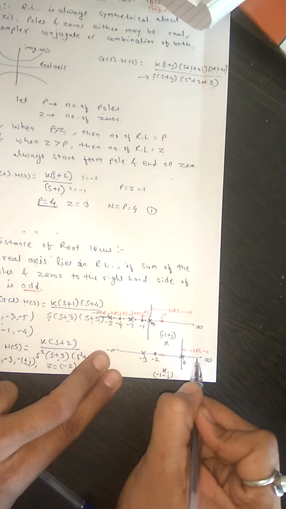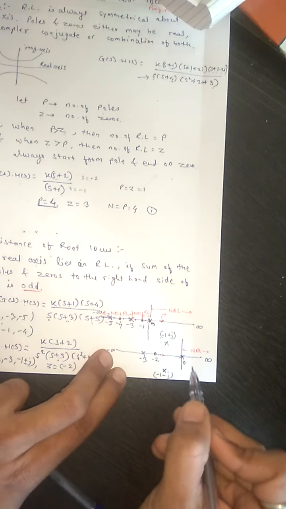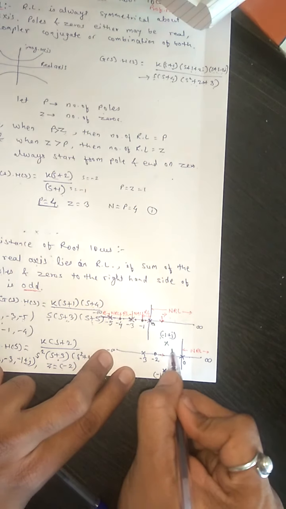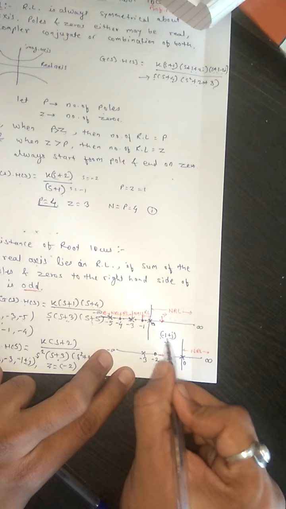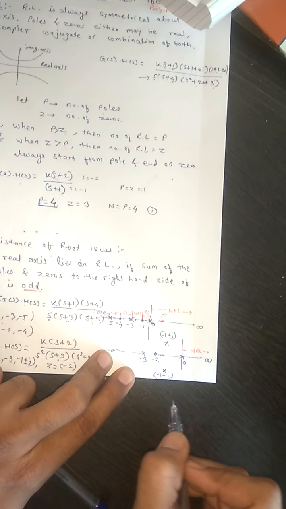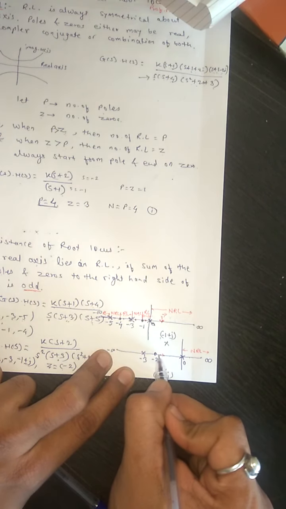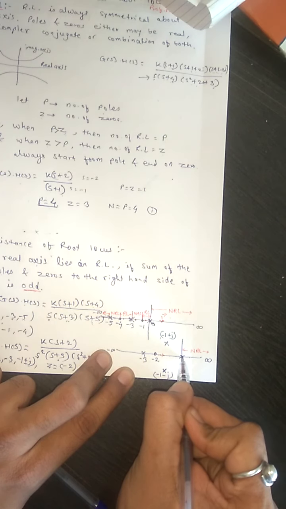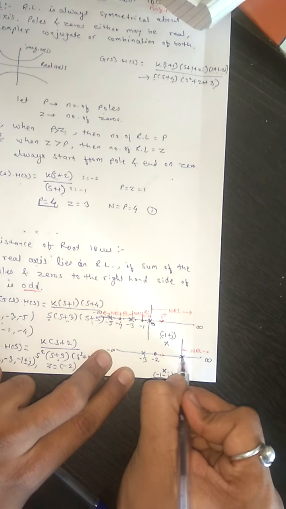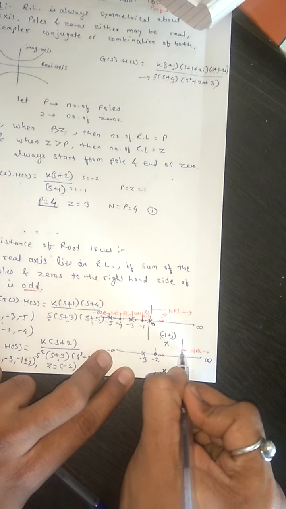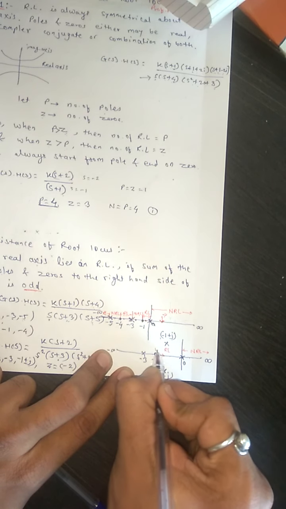I told you this before, don't count complex pole or complex zero while checking existence of root locus. So on the real axis there is only one pole. 1 is an odd figure, so this is a root locus region.